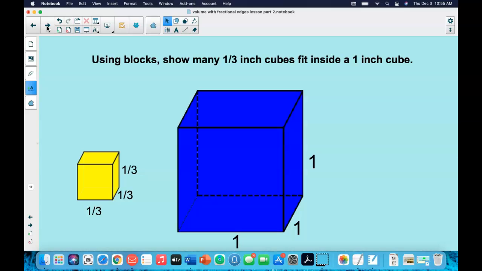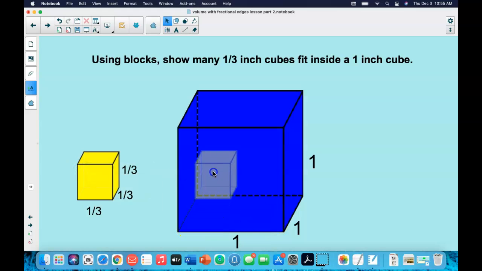And now I want to look at the 1/3 inch cubes. So remember, I was looking at half and now I'm looking at a third. So I know that it takes 3/3 to go across, because 1/3 plus 1/3 plus 1/3 is 1.